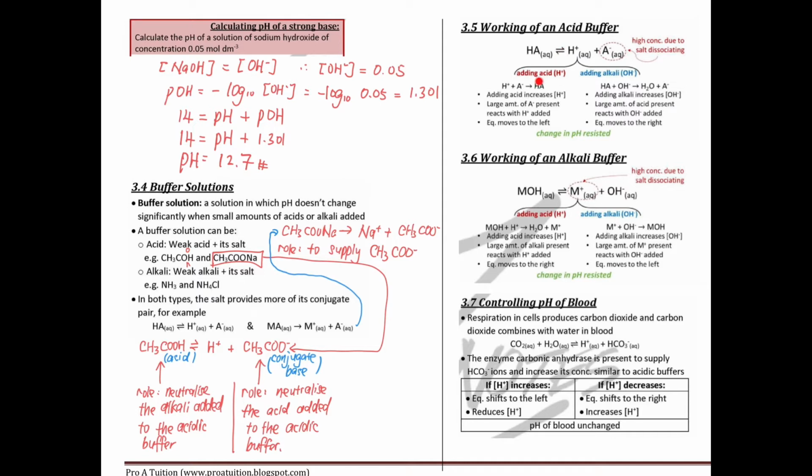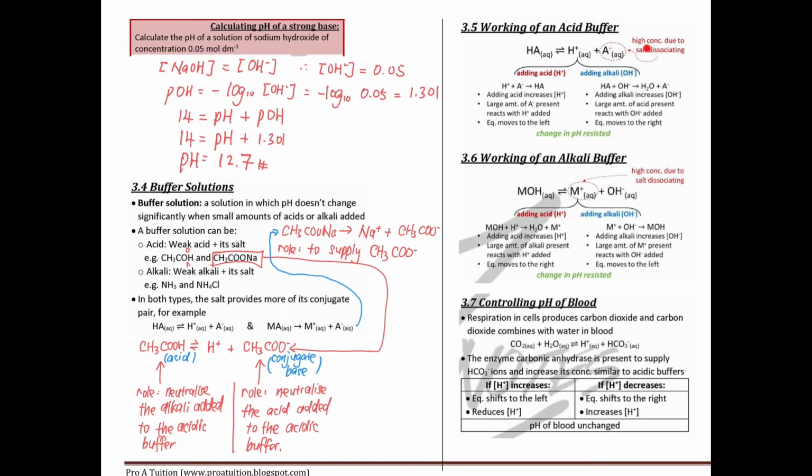If you add acid to this acidic buffer, but maybe before that, the acid, like what I said, is a weak acid. So we have a lot of molecules available, but very few ions. Because of that, we add some salt, as in here, to supply more A minus.